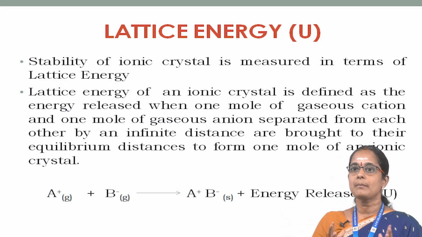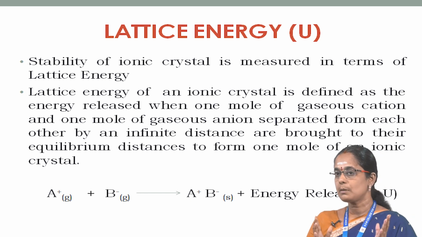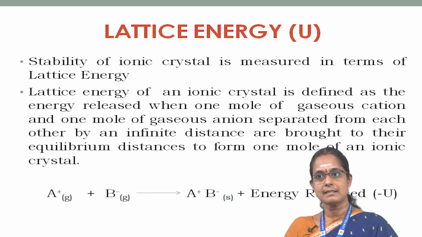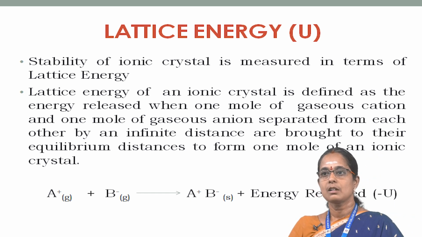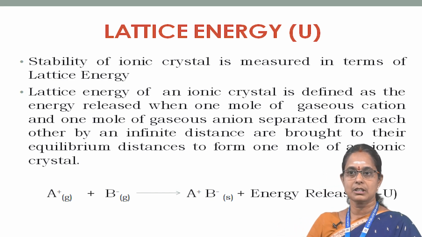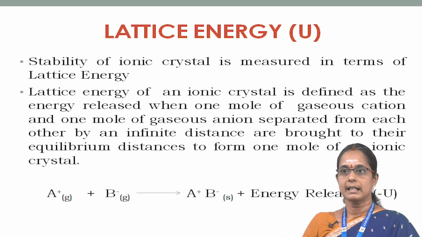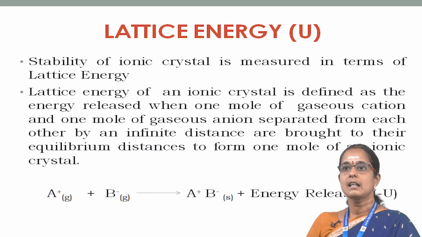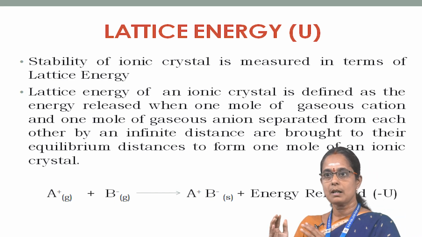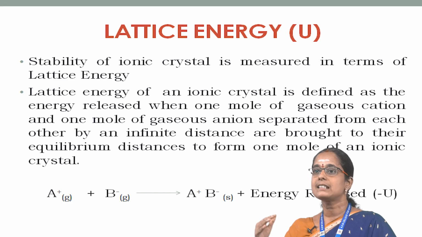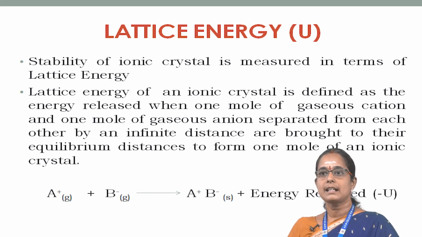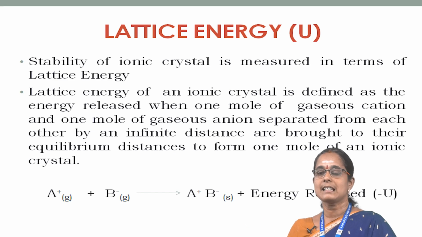That is, the formation of 1 mole of ionic solid A+B- from its constituent gaseous cation A+ and gaseous anion B- may be represented as follows: when it forms 1 mole of ionic solid, energy is released, that is, minus U, the lattice energy.